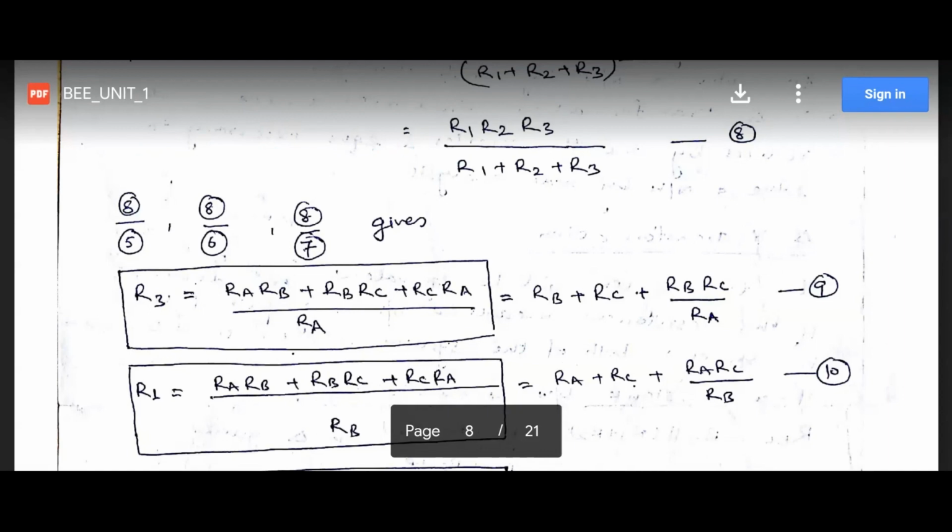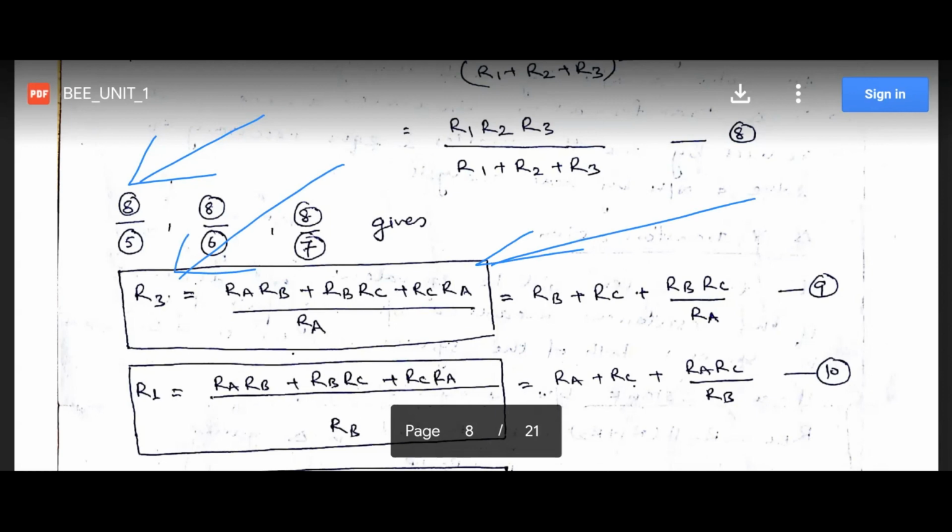So when we divide equation 8 by 5, we get the value of R3 in terms of RA, RB, RC.